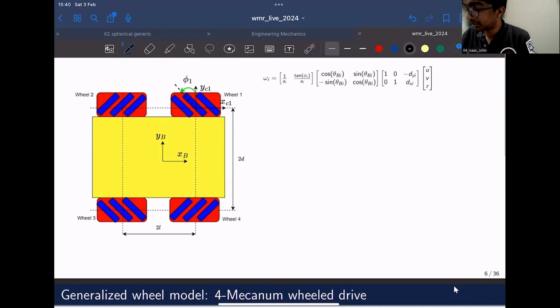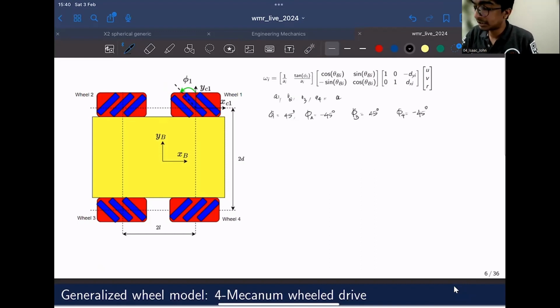A1, A2, A3, and A4 are all the same A. Phi1 is 45, phi2 is minus 45 degrees, phi3 is 45, phi4 is minus 45 degrees.